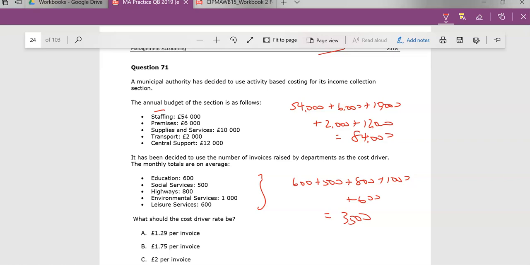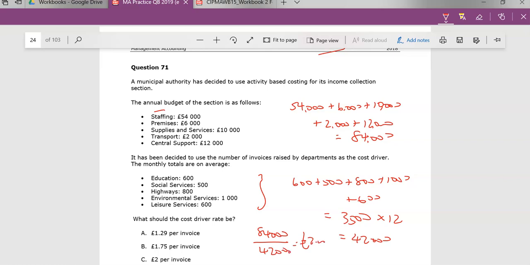So this is monthly. So I want the annual. So I'm going to multiply this by 12, and then I'm going to get 42,000. So the cost driver rate literally is the 84,000 divided by the 42,000, which is £2.